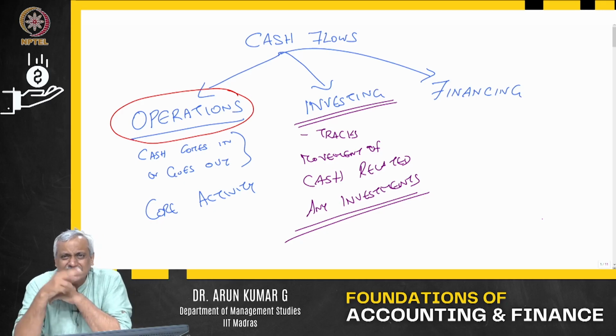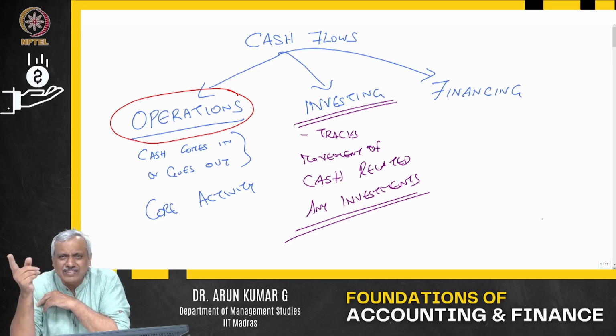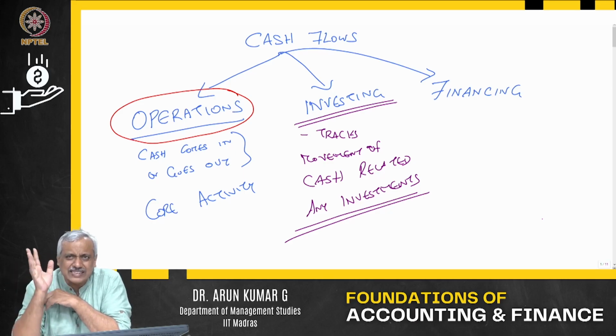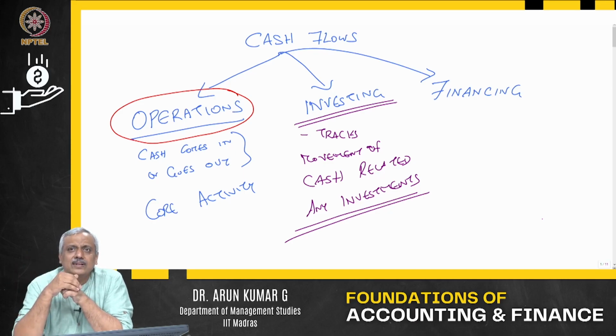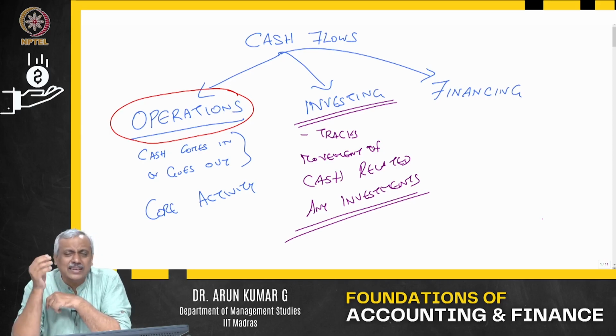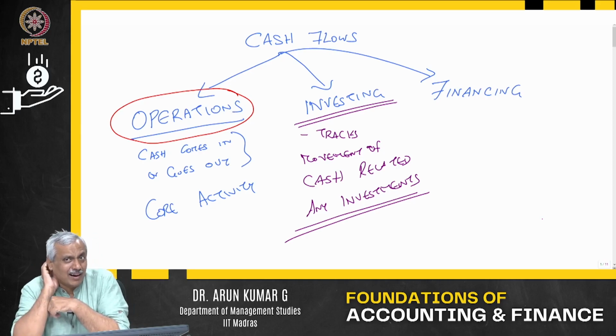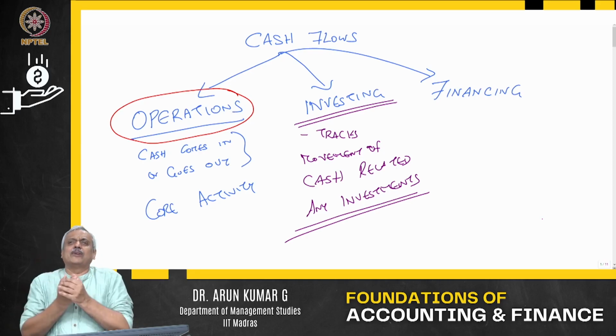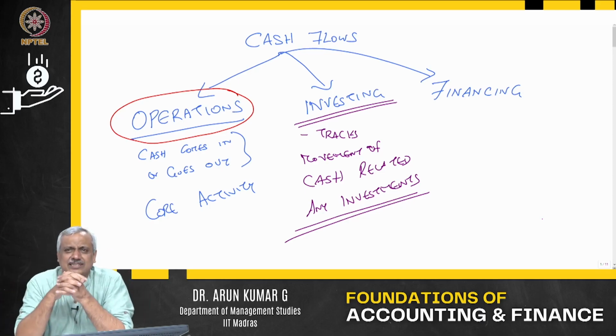The subsidiary in which I have invested equity is giving dividends. Now, I am receiving the dividend, cash inflow coming to me because of what activity? Because I have invested, cash inflow because of an investing activity. I receive money on some kind of investment I made, I simply have a fixed deposit in a bank.